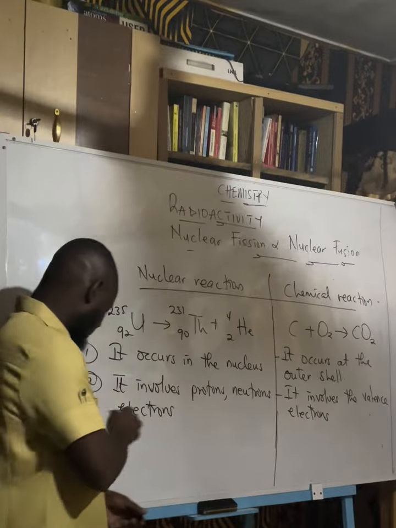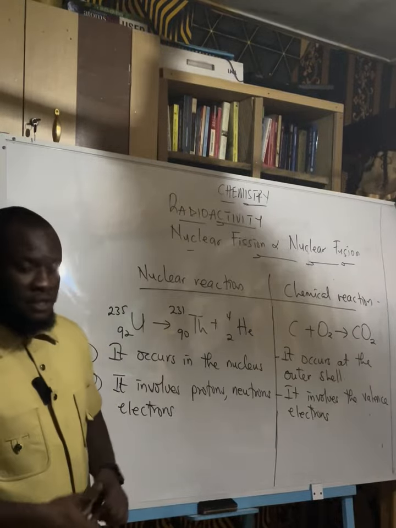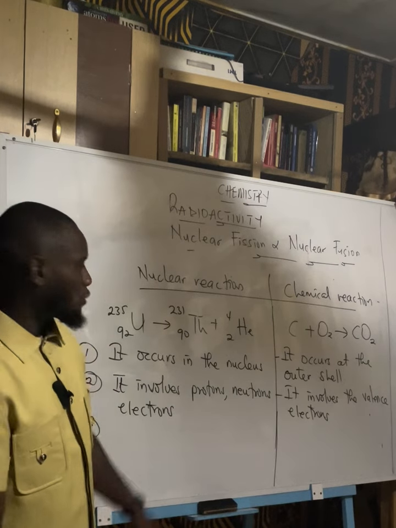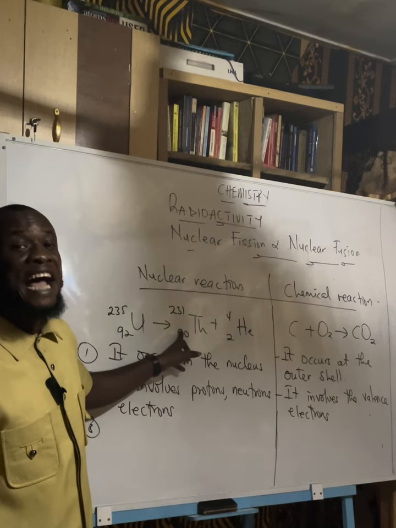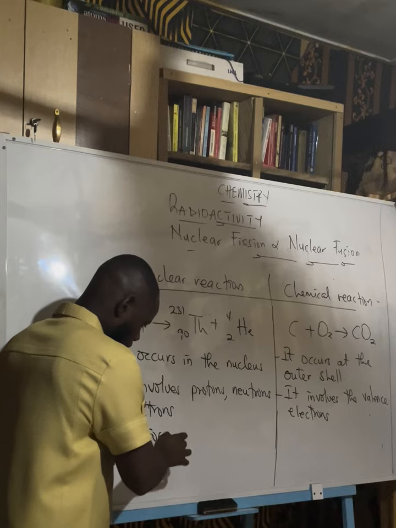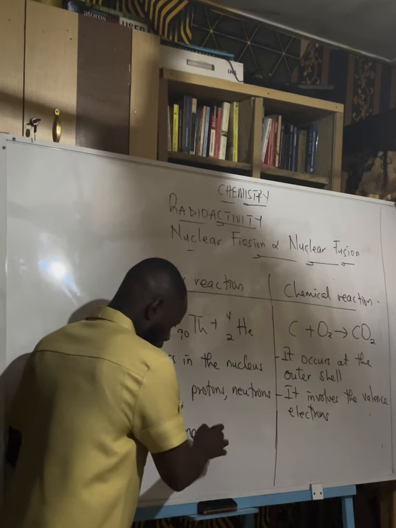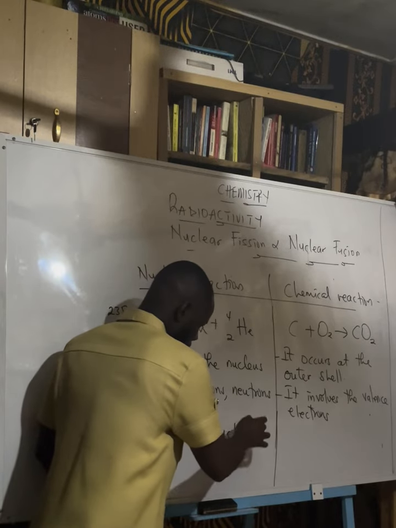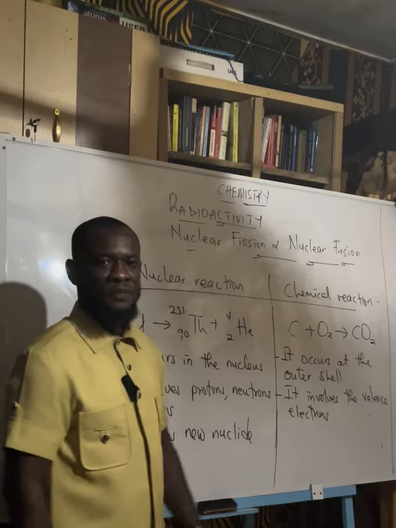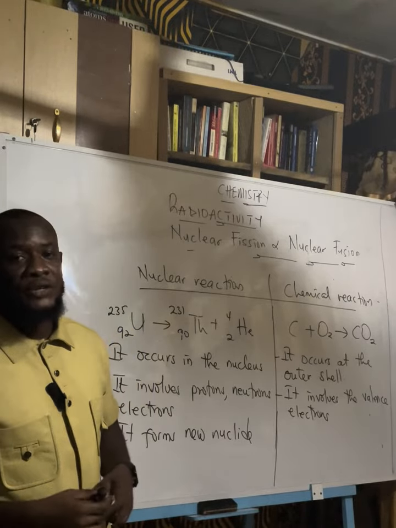Again, with this, what does it form? A nuclear reaction forms a new nuclide, or new nuclei. But with a chemical reaction, what do they form? They form a new compound.